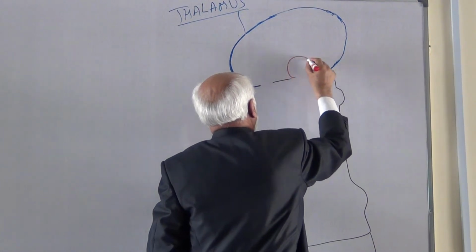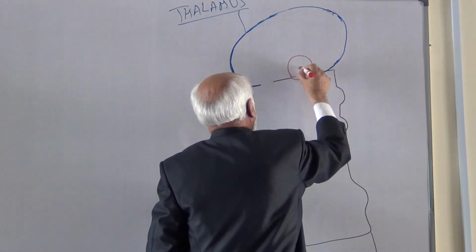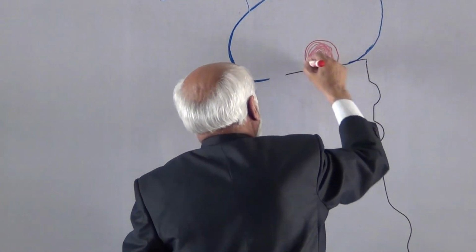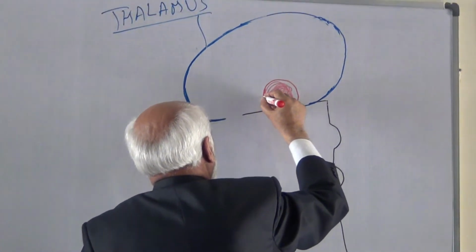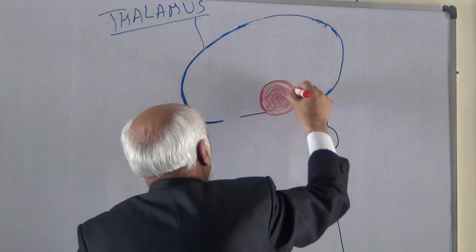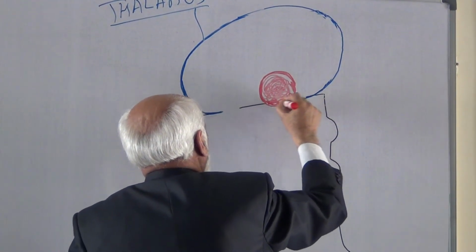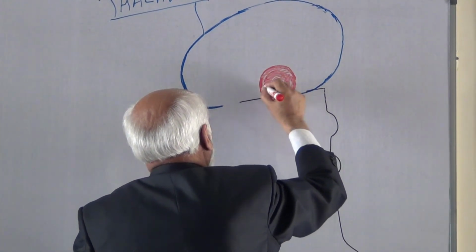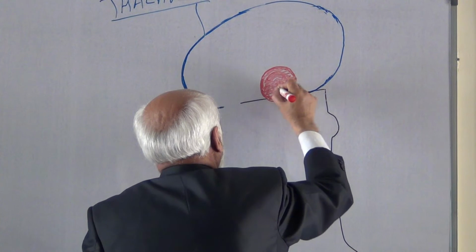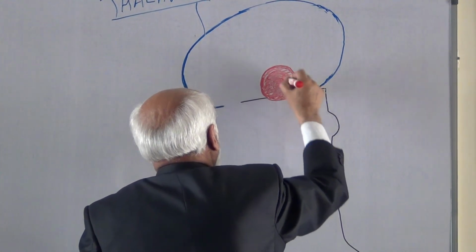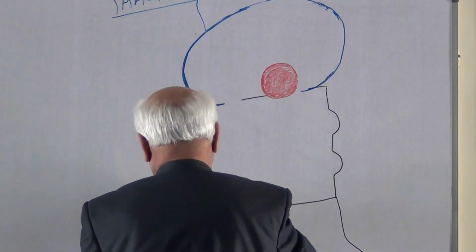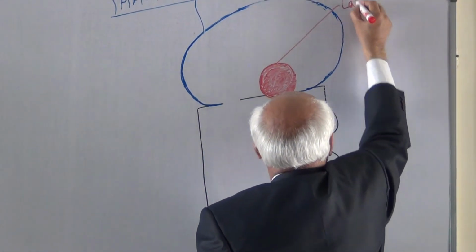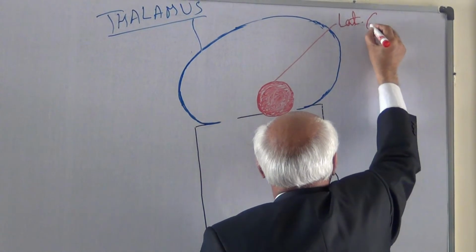Now, suppose this is the lateral geniculate body.